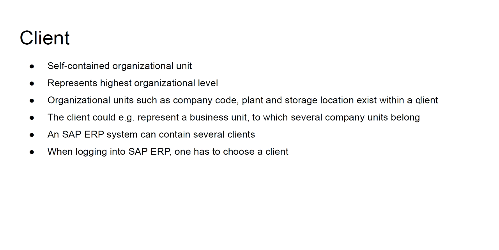So this is why I said, for example, a client could be used for representing a business unit or an entire enterprise, and then those additional organizational units could be used for modeling the various businesses that exist within that enterprise or business unit. An SAP system can have multiple clients, and when you log on to SAP PP, you have to choose a client that you log into.